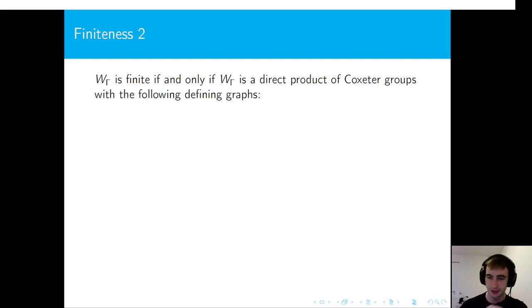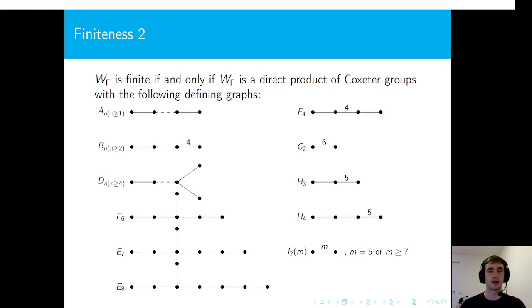But apart from taking products, these are essentially the only graphs that can occur for finite Coxeter groups, and this is the complete list. So if I have a finite Coxeter group, then it is a product of Coxeter groups whose defining graph looks like this, and these are all. And this can be done using this representation and the fact that positive definite is the same as finite.